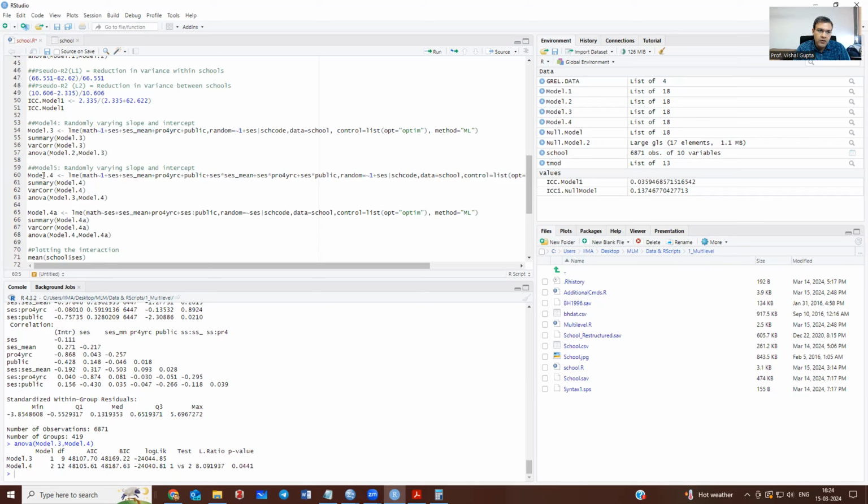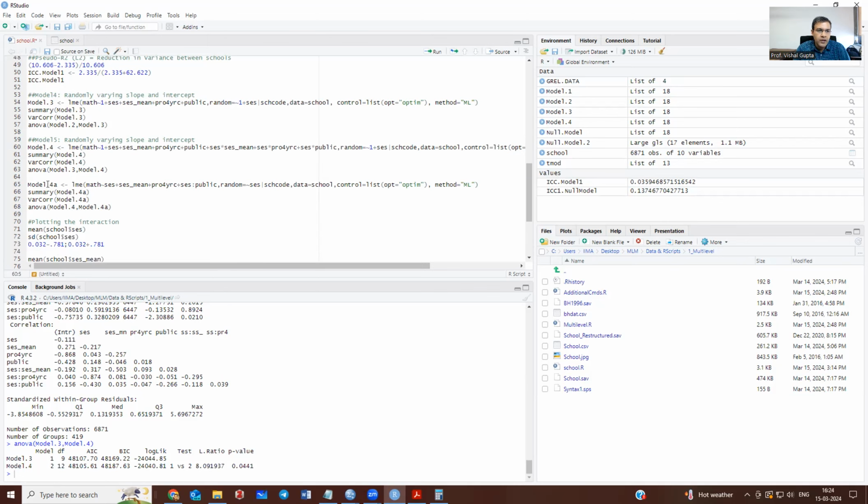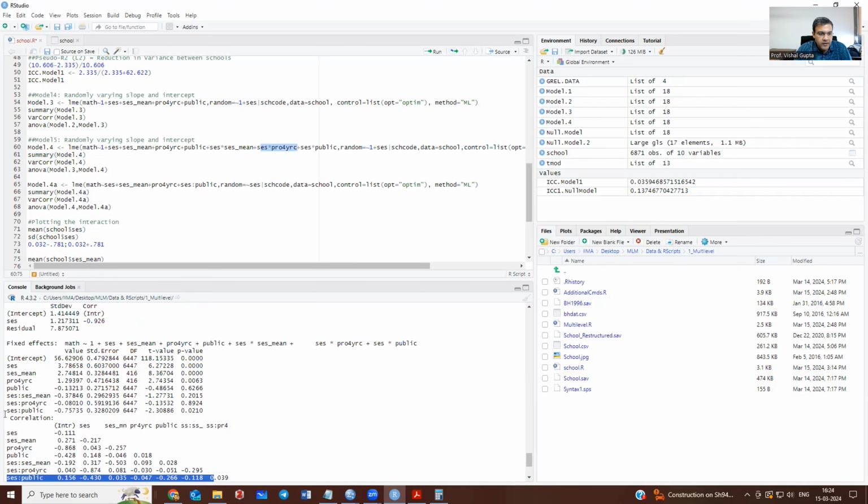And the last model now, model.4a, what I have done is I have removed all the non-significant interaction terms. There were two non-significant interaction terms, SES multiplied with SES mean and SES multiplied with Prof Fourier. So I have removed those and retained only the significant interaction term, because the other two terms are anyways not significant.